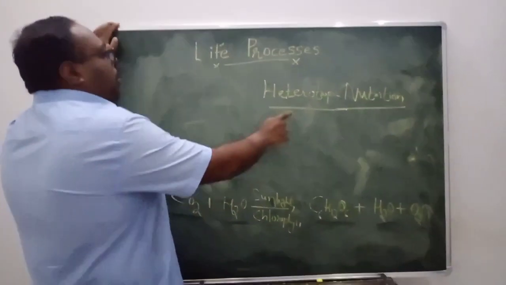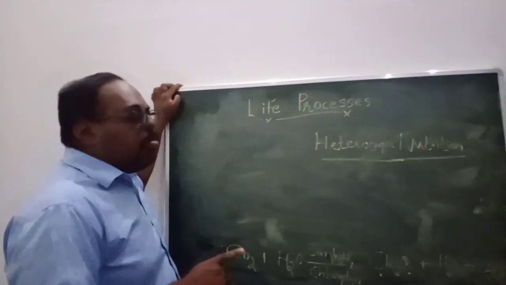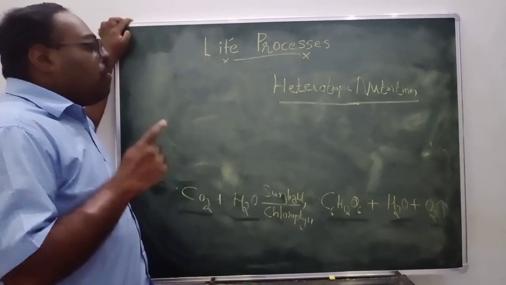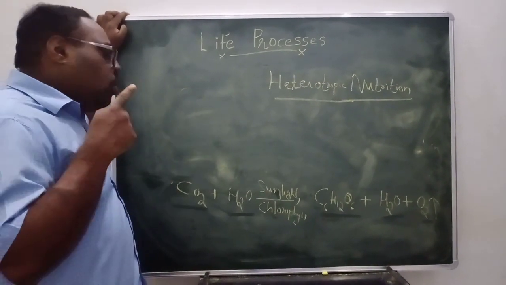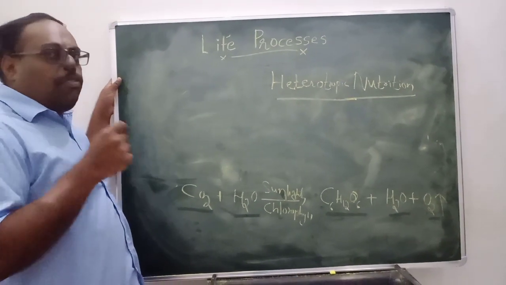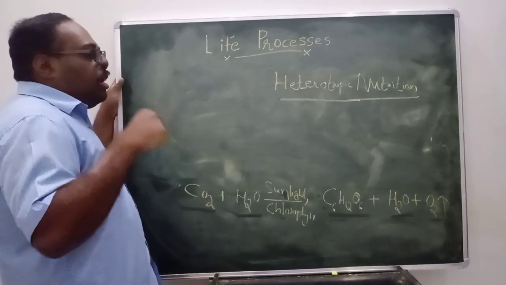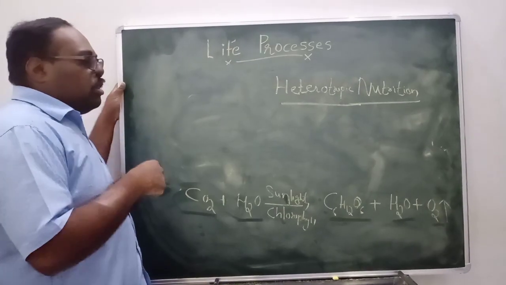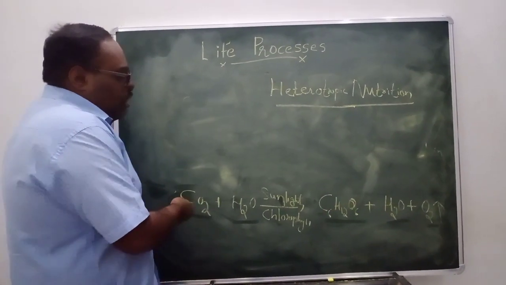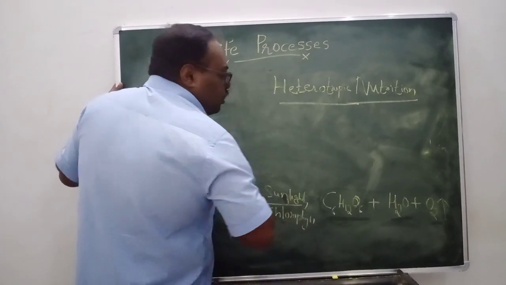Next we will move to heterotrophic nutrition. Heterotrophic nutrition means any organism that depends upon other organisms for its food. For example, the chief producer that makes food for this entire universe is only one, that is the plant. As we discussed earlier, in plants, through this reaction, starch will be produced.